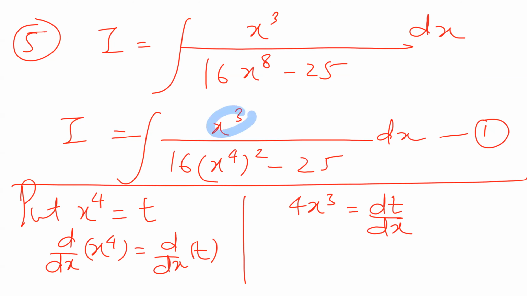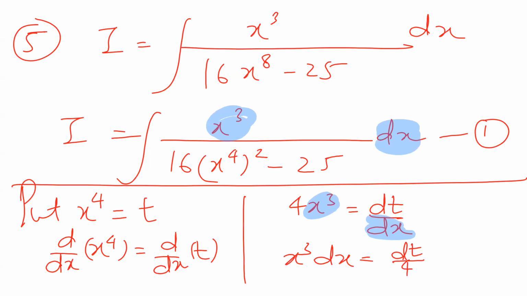After this step, always look at equation number 1. We have x cube dx, and x cube dx. So just club it. x cube dx is equal to dt by 4. From 1, x cube dx is equal to dt by 4.